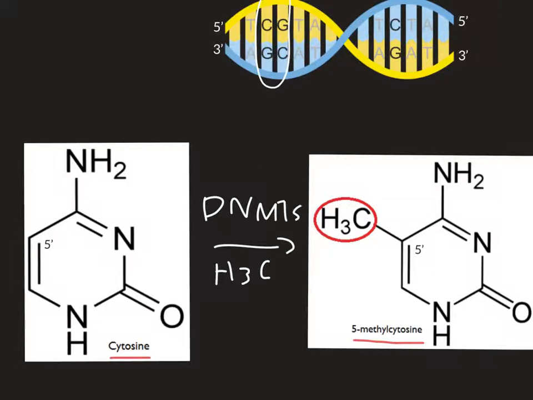After the methyl group binds to the cytosine, a transcription co-repressor complex, which is a group of various repressive proteins, prevents transcription factors from binding to the gene, thus preventing gene expression and essentially turning the gene off. So, DNA methylation generally represses gene transcription and expression.